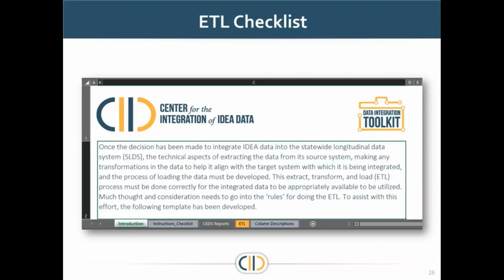The other one I had mentioned earlier was the CIID ETL Checklist. That's available also on the CIID website. The resource is a template for your technical documentation for Generate, basically from the source system all the way through to the aggregated reports. It documents all the elements, all the option sets, the transformations that take place. And if you're a Generate state currently being implemented, your TA providers should be working on this with you in the documentation.